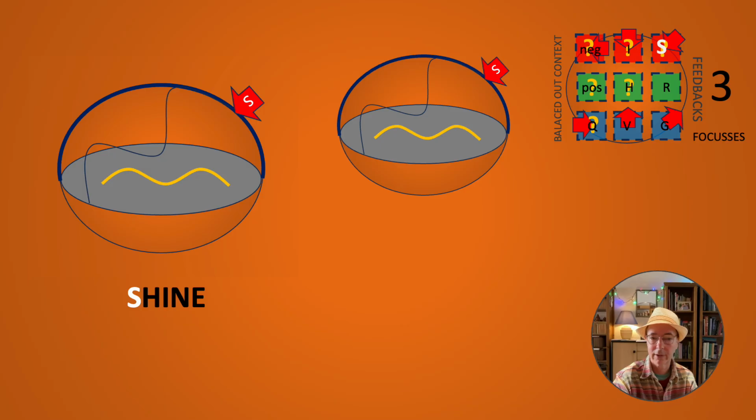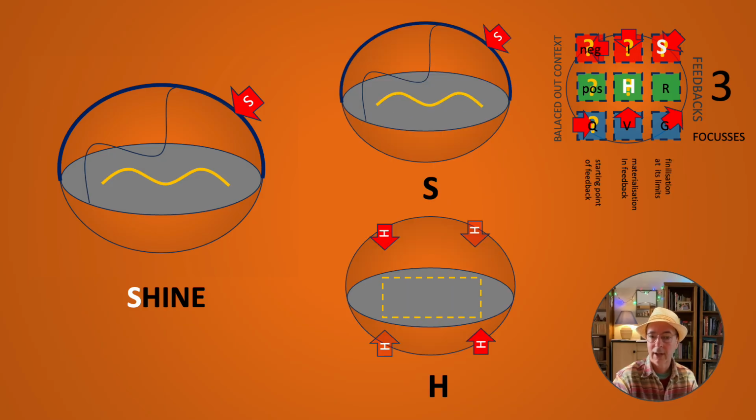So I have already the S from shine. And the H is that area that I'm working on. It is my working field. This is the area within my scope, within my range, where everything is possible, from the influence and what I can make from it, or what I can make from what is possible.